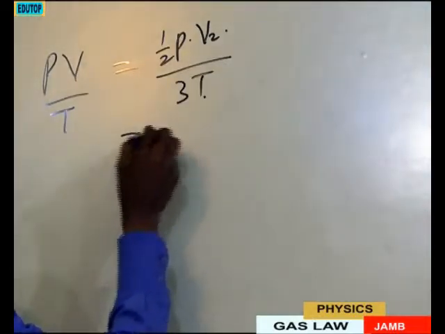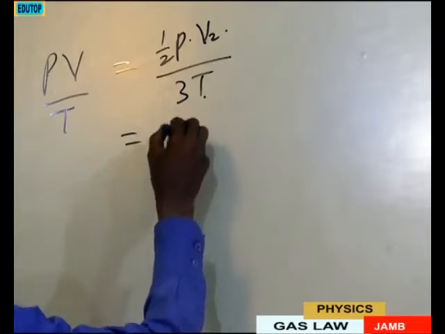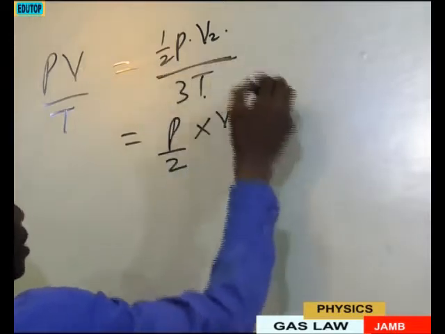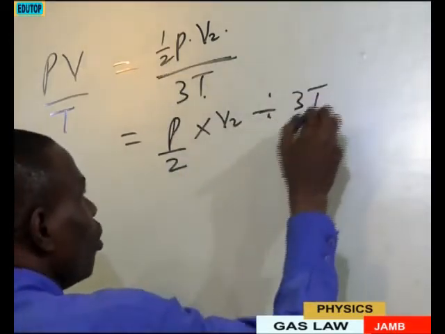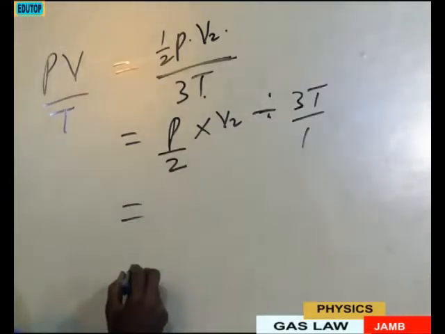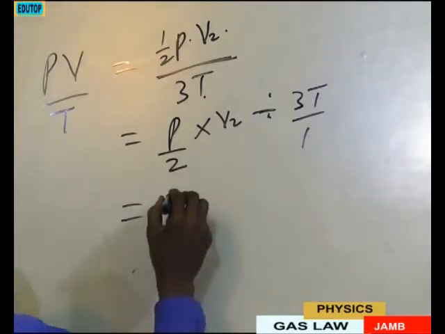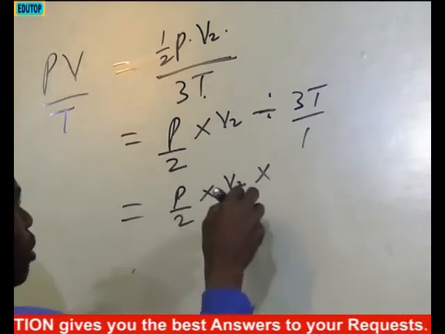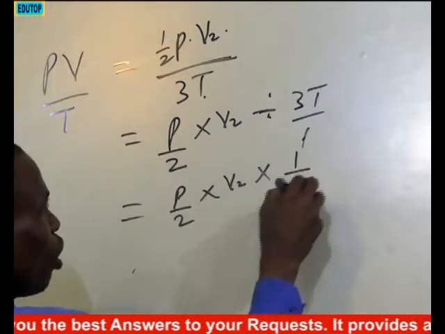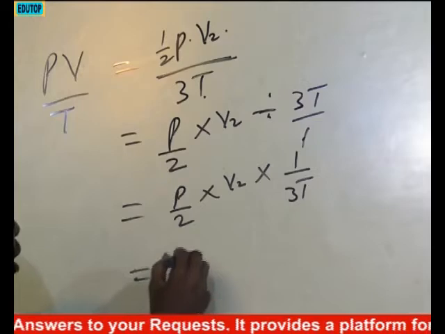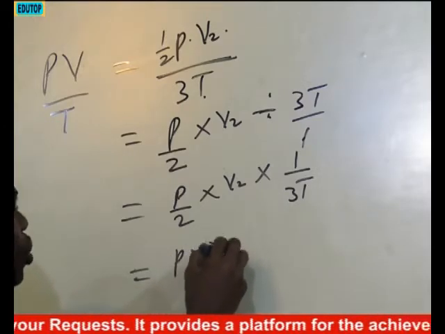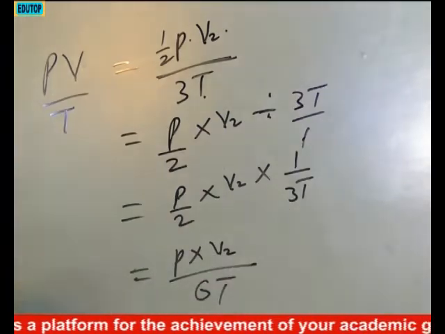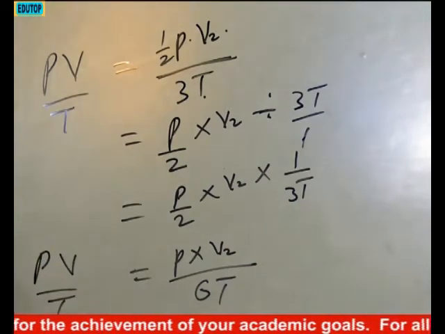Let's try and resolve this side. This one is as simple as P over 2 times V2 divided by 3T over 1, which is equal to P over 2 times V2, this one will go up, this one will come down, which is equal to P times V2 over 3 times 2, 6. Everything will still be equal to PV over T.